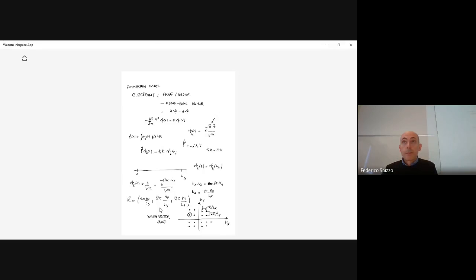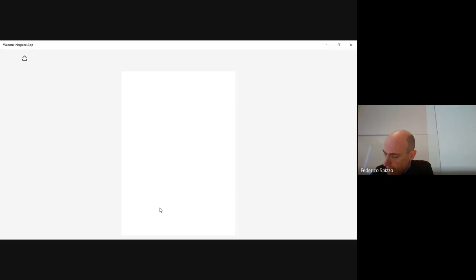An important property of the wave vector space is the following. If you consider all these points, again, they are equally spaced.